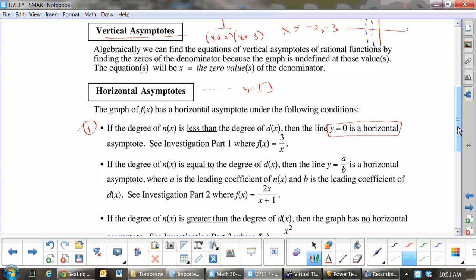Okay? So, if the degree of the top is less than the degree of the bottom, y equals 0 will be the horizontal asymptote. Okay?